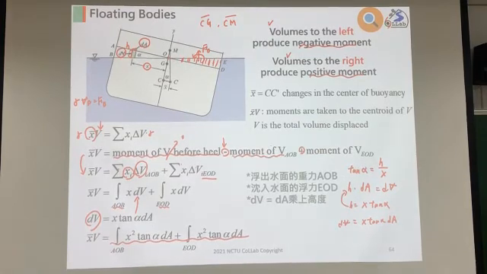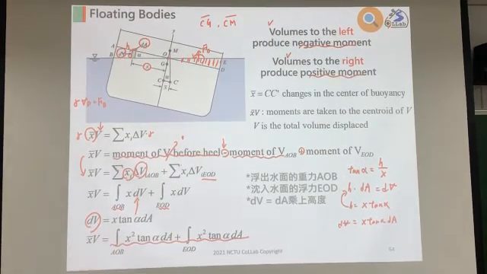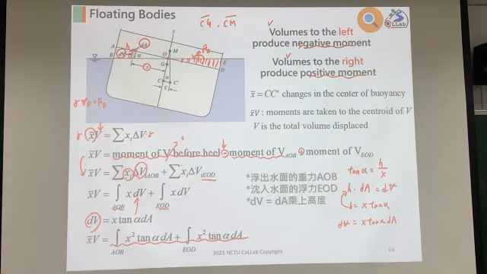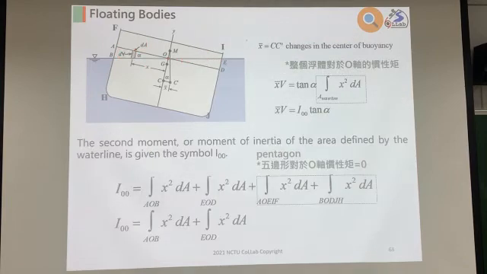Okay? But the equation here didn't answer our question. Our question is we would like to know the CG and CM distance. So if we take a look, we replace the integration part by this.